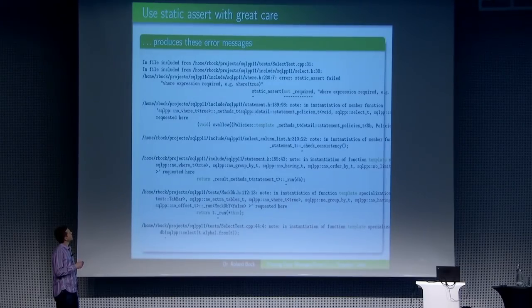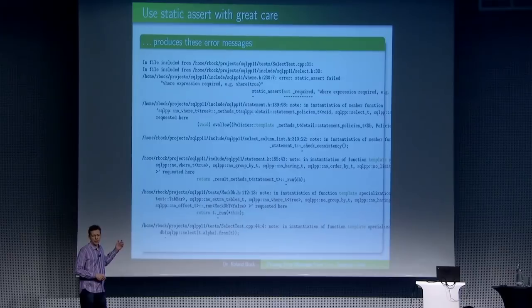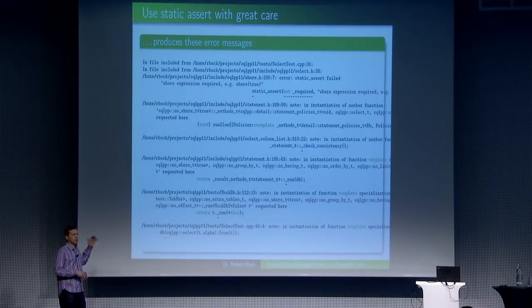So it says that there is a where expression required, even if it's just where true, because, well, I believe that the probability that you just forgot to write the where expression is higher than the probability that you actually wanted to omit it in order to select everything. Again, that's a matter of taste, but anyway, it's the shortest example that I could do with this library. So this is the concrete error, right?